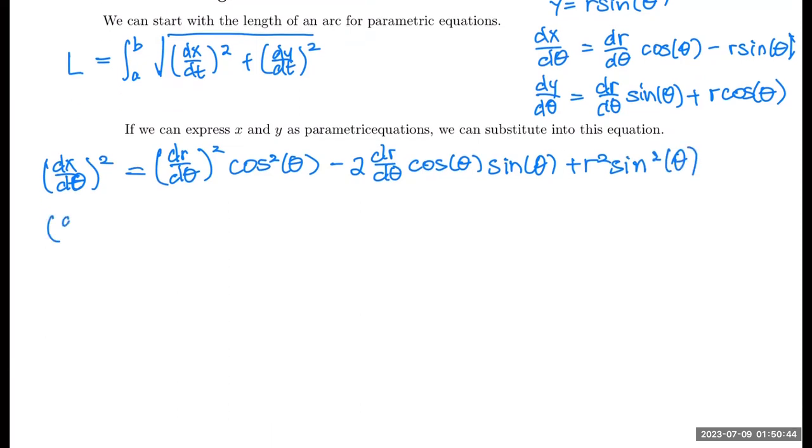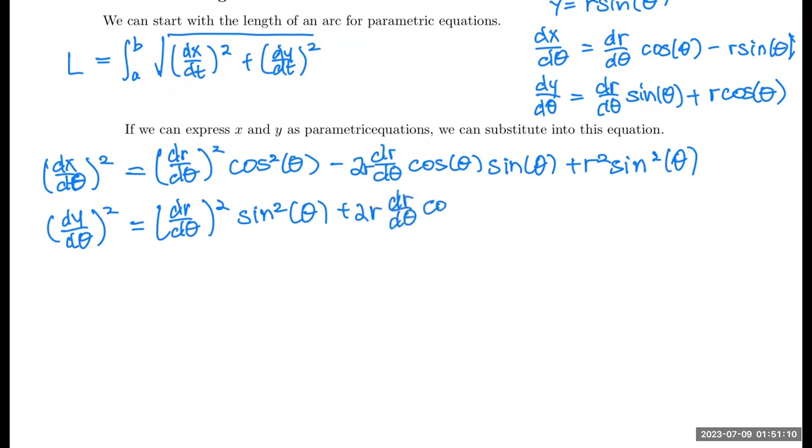And then for the other one, dy d theta squared, we get dr divided by d theta, whole thing squared, times sine squared theta, and then plus 2r, there should be an r here, dr d theta cos theta sine theta plus r squared cos squared theta.